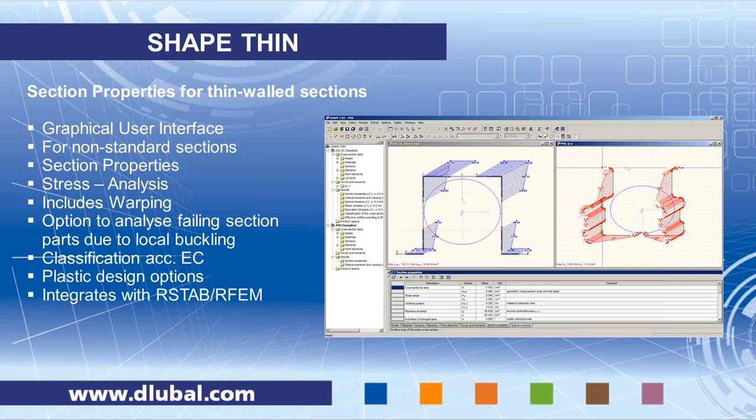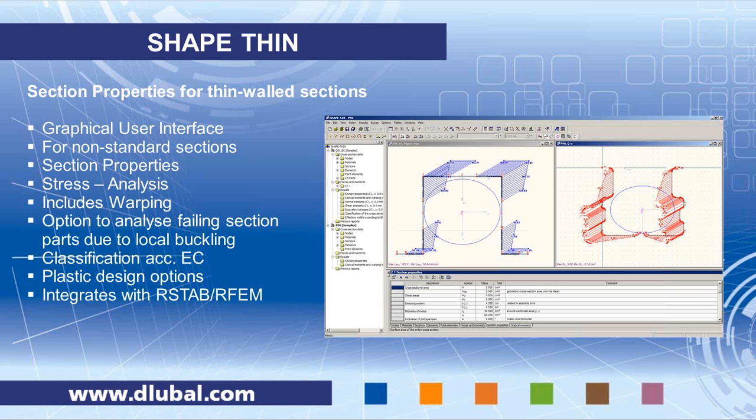Typical sections that are most likely in the analysis software you're using, that come with it, are, for example, I sections or channel sections or angles. You usually can pick from a library, but for sections that are custom made, maybe cold formed or welded together or built up from different standard sections, you may use shape-thin to get the section properties.